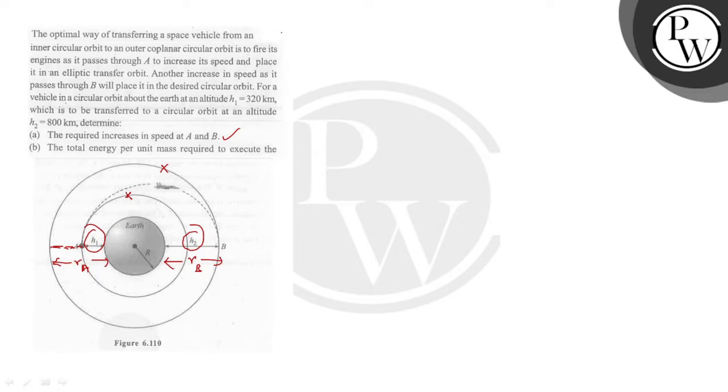Now I am going to apply conservation of angular momentum, CAM. So M into RA into VA is equal to M into RB into VB. So m gets cancelled. So VA is equal to RB by RA into VB.